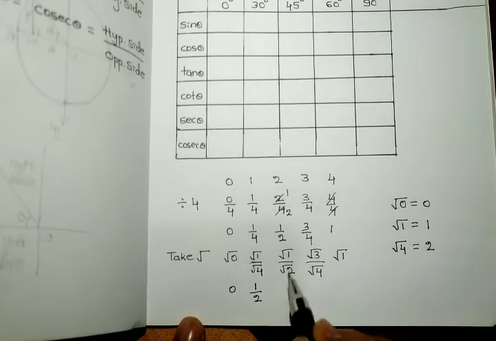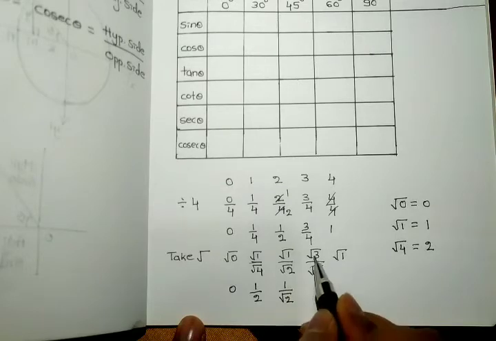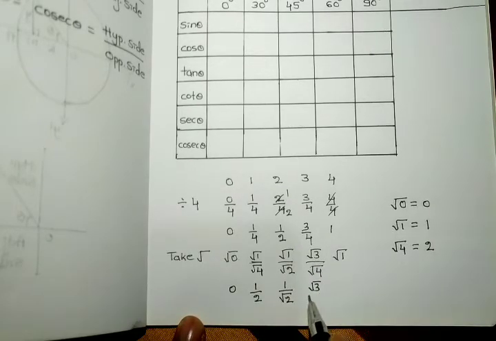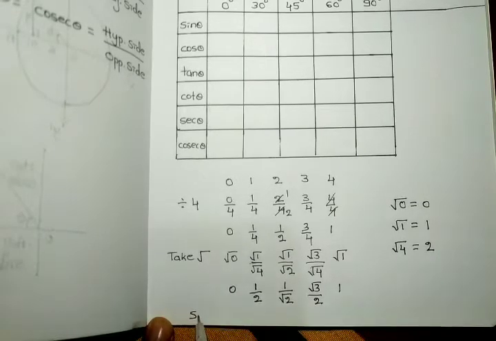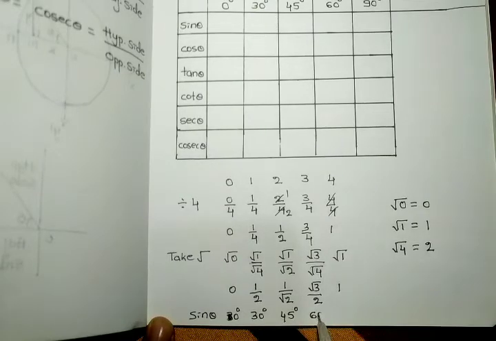Next, square root of 1 is 1, square root of 2 you keep it as it is, square root of 3 also keep it as it is, but square root of 4 is 2 and square root of 1 is 1. So finally whichever values you get, that is the value of what here? Sine theta. First one is sine 0 degree value, second one sine 30 degree value, third sine 45 degree, next sine 60 degree and sine 90 degree.